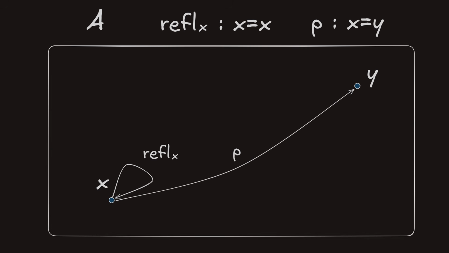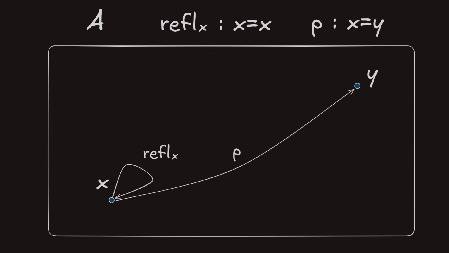According to the principle of path induction, whenever we need to prove that something is true for a path from x to y, we only need to prove that it is true for the path ref x from x to x. Let's take a look at an example.